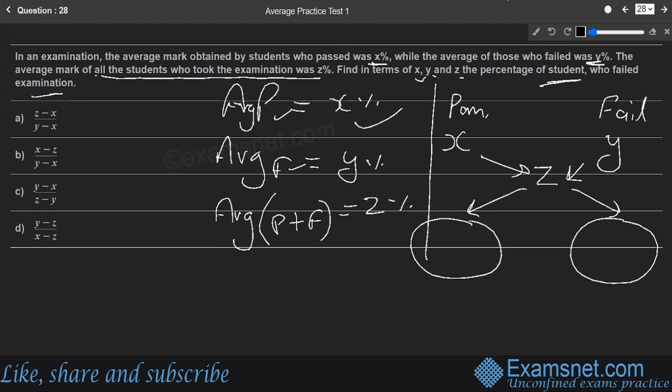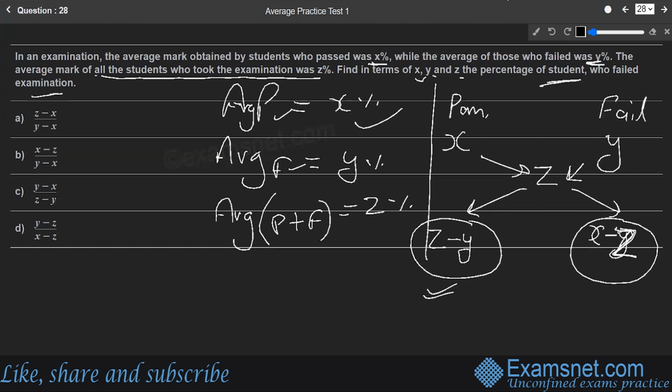The left one can be calculated as follows: the pass plus fail percent is Z percent and the fail percent is Y percent, so we write Z minus Y. On the right hand side we write X minus Z. These two things we can write.